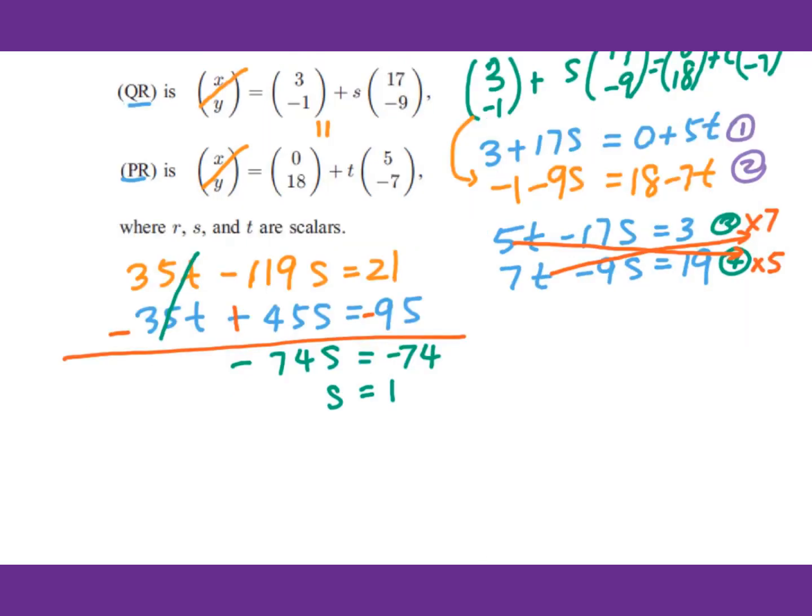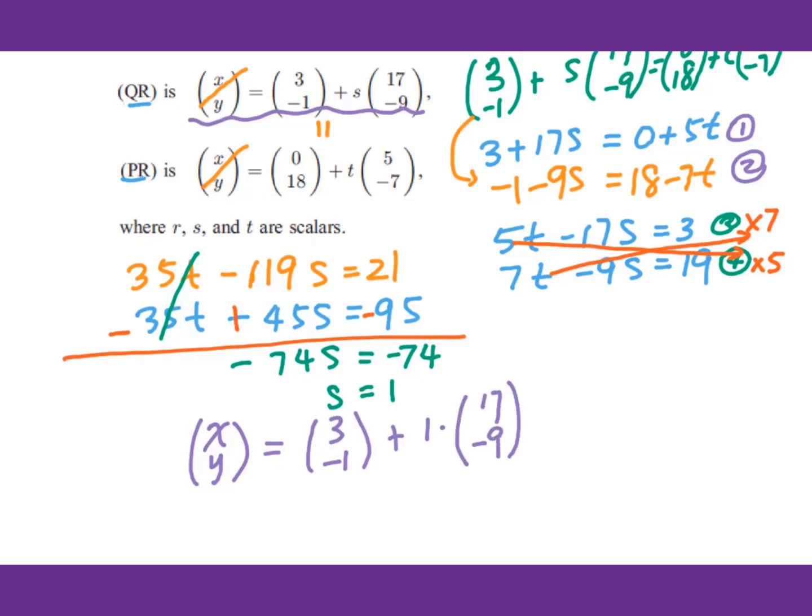For this kind of problem, you don't have to figure out t. As long as you figure out one variable, that's enough. Now we need to plug into this equation to figure out the coordinates for R. So we have xy equals 3, negative 1 plus 1 times 17, negative 9.